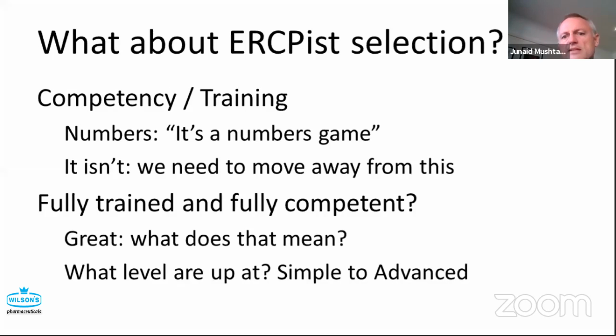So what about the ERCP selection then? We've talked about patient selection, but what about the endoscopist selection? Well, I'm just going to touch briefly on this. I sit on the training program for JAG in the United Kingdom, in London at the Royal College of Physicians.